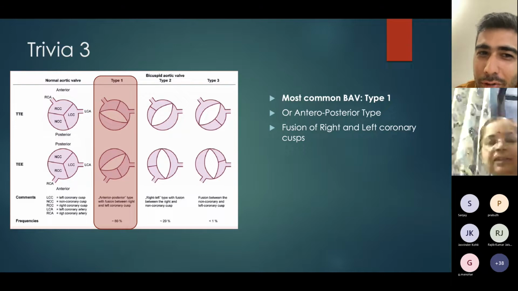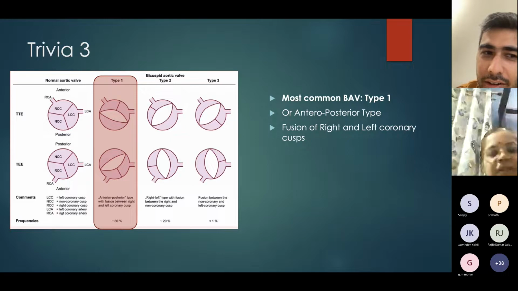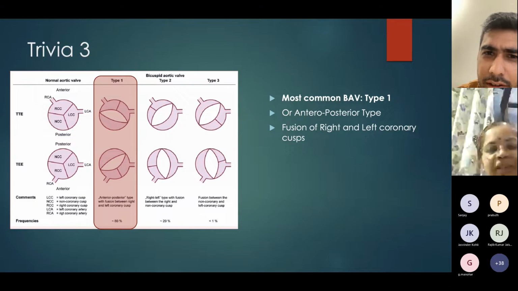Yeah, as you said, fusion type, and that too right and left fusion, more than 70% is the incidence of bicuspid aortic valve. They have 3 sinuses, but there is fusion of 2 of these cusps.